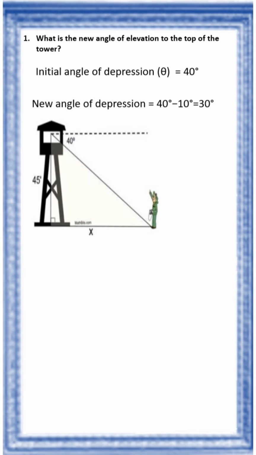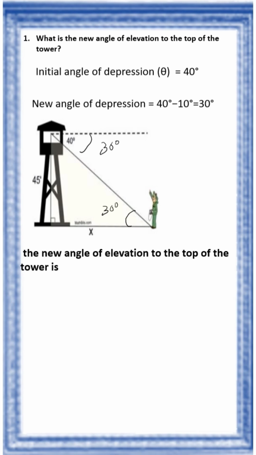So 40 minus 10, that is 30. So the new angle of depression is 30. So the new angle of elevation is also 30 degree. The new angle of elevation to the top of the tower is 30 degree.